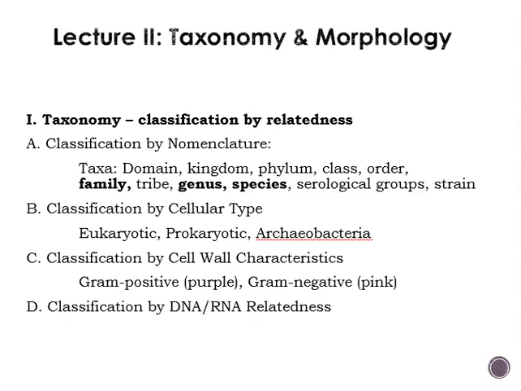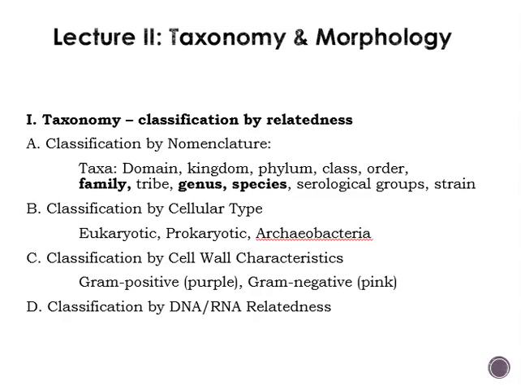The genus, you can think of this as the organism's first name, should be capitalized always and italicized when in print. An example of that would be Staphylococcus, which is the genus for Staphylococcus aureus. And then the species is the aureus. You can think of that as the organism's last name. It will be in lowercase, and it will also be italicized when you see it in print.